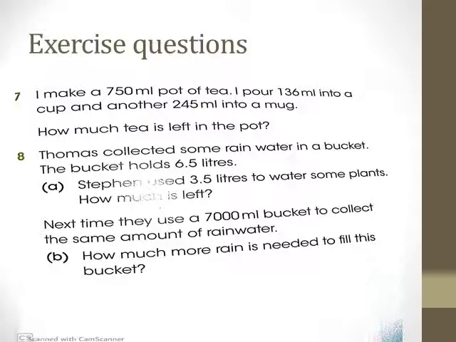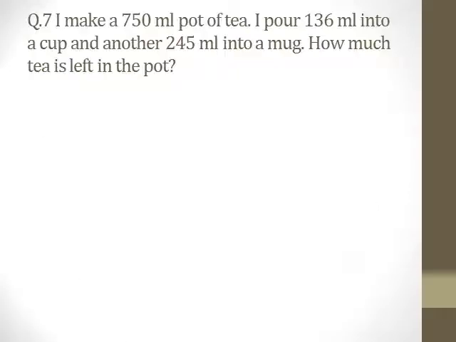So let's move to the question number 7 solution. Question number 7 says I make a 750 milliliter pot of tea. This is the amount of tea which I made in the pot. Then I pour 136 milliliters into a cup and another 245 milliliters into a mug. That means I poured the tea from the pot into one cup and one mug.